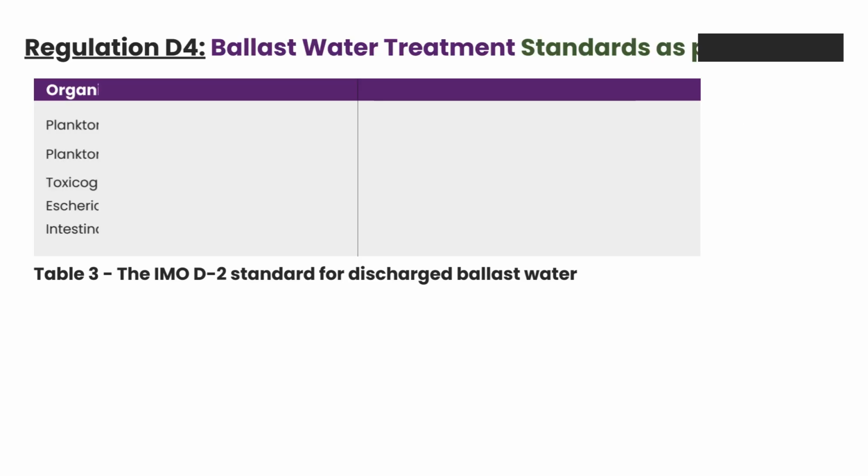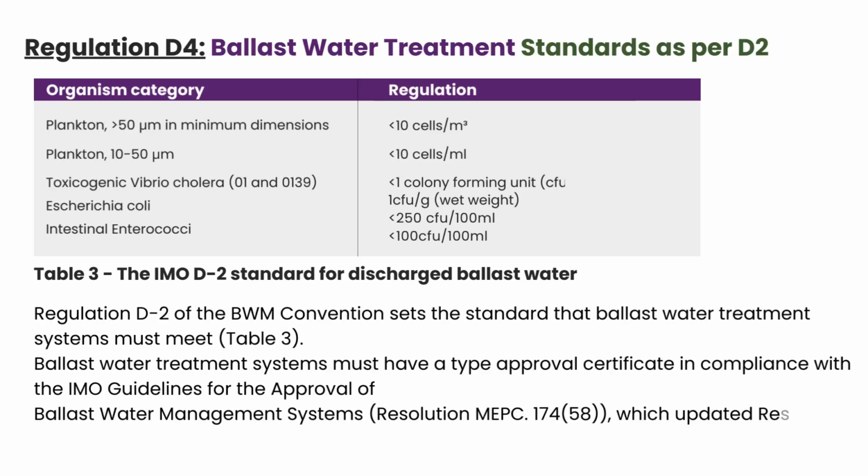The next is what the standard is. As per ballast water treatment, plankton is 50 micrometers in minimum diameter, and how much is there? Then plankton of 10 to 50 micrometers. Then we have toxicogenic Vibrio cholerae.